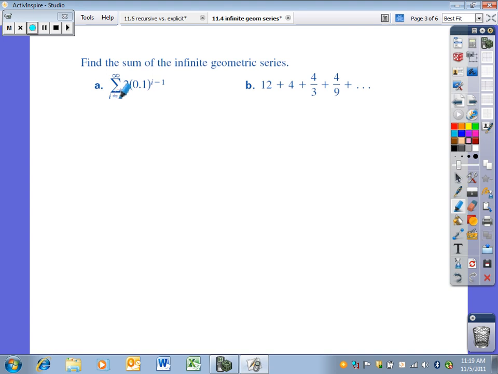Here I have an infinite geometric series because it goes to infinity. My ratio is 0.1. So is 0.1 less than 1? Yes, it is. So I will have an infinite sum. So I take my first term divided by 1 minus my ratio.